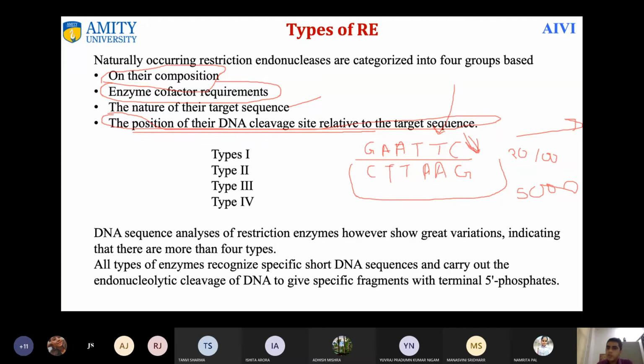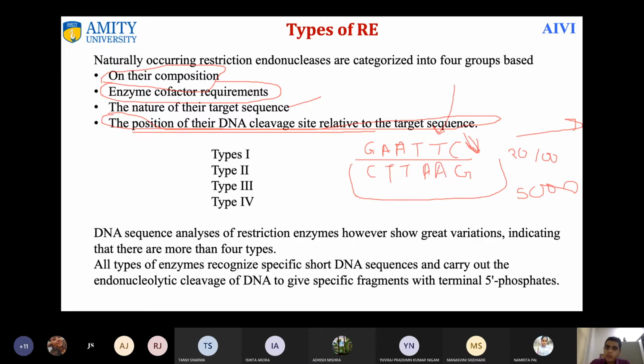So now one more thing: where they are producing a cut, they are cleaving a phosphodiester bond. When they cleave the phosphodiester bond, at the 5' end they leave a phosphate group. If you are aware of the structure of DNA, at the 5' end the phosphate group is there, and this 5' phosphate joins with the 3' OH.